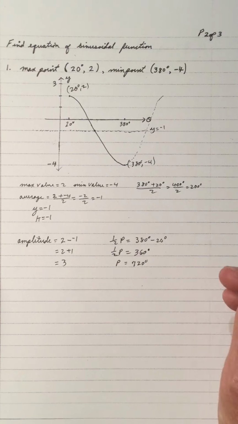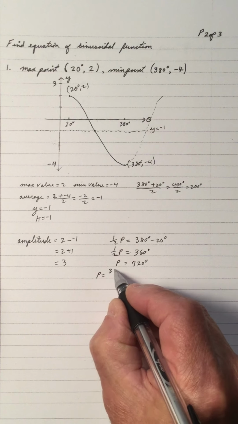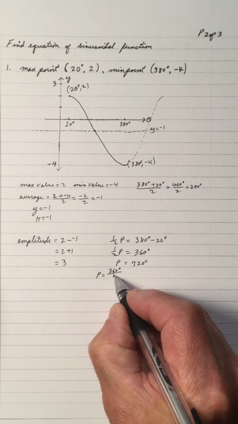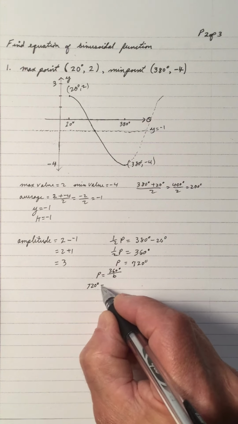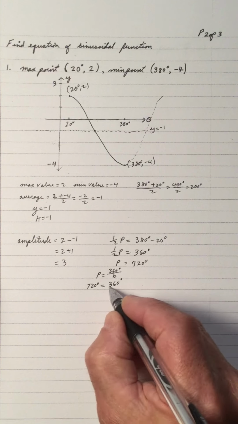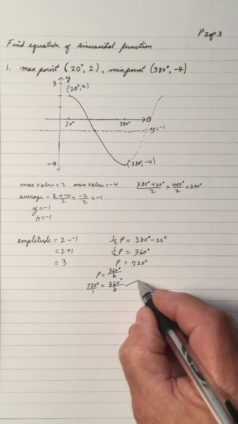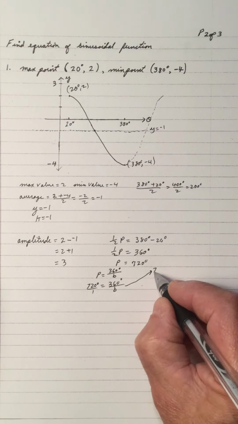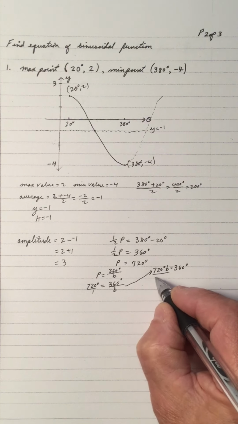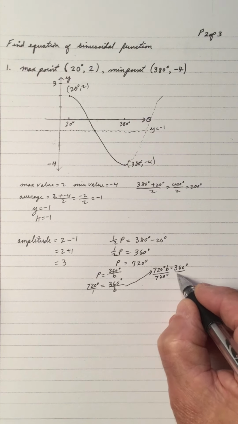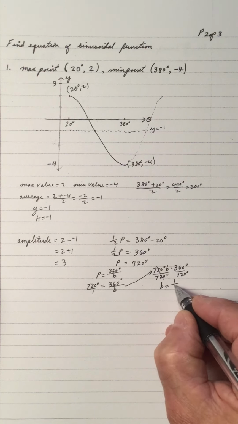And that means that if the period equals 360 degrees divided by b, then 720 equals 360 degrees divided by b. Cross multiplying, we get 720b equals 360. Divide by 720, it cancels, and b comes out to be 1/2.